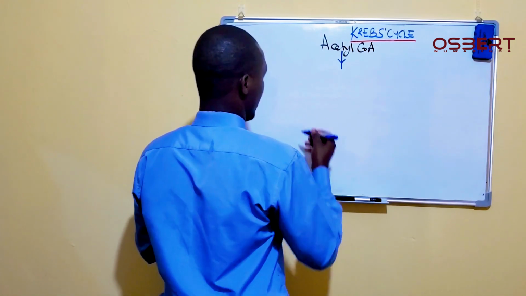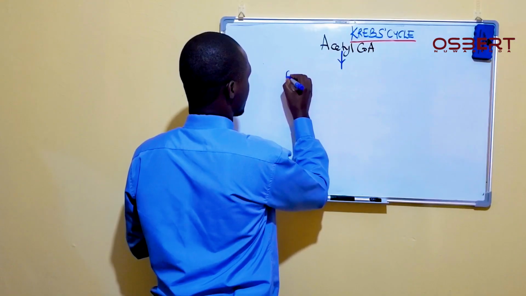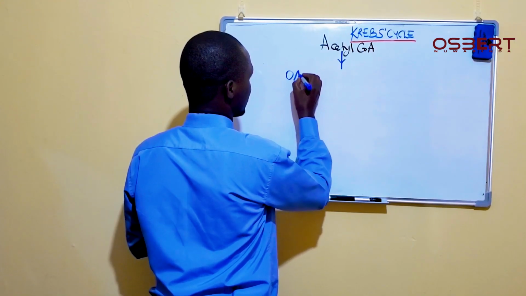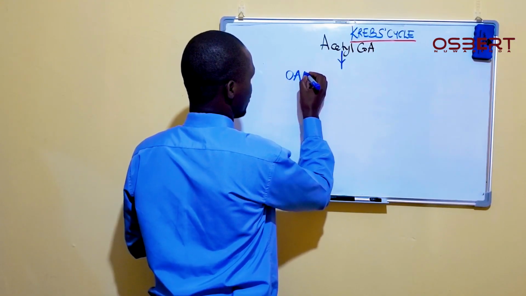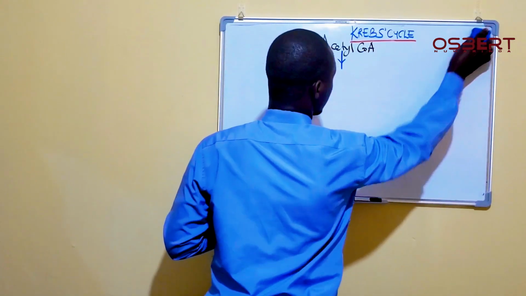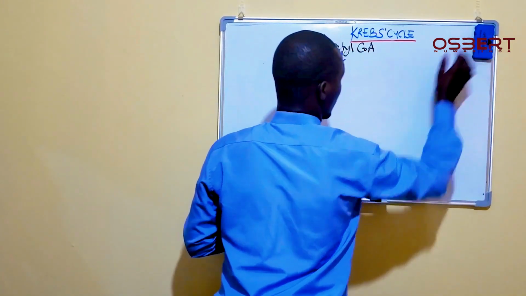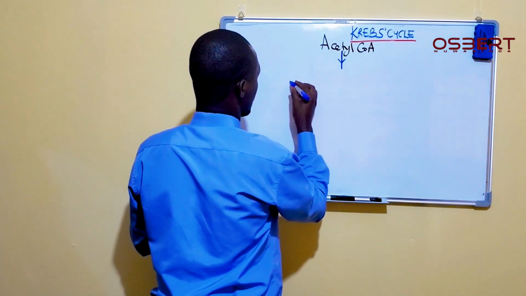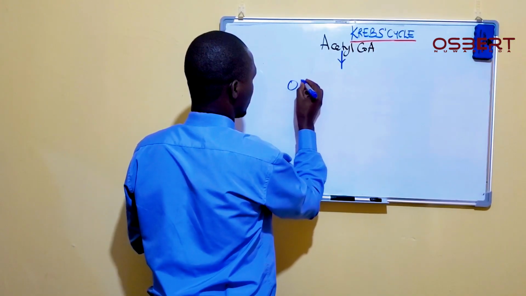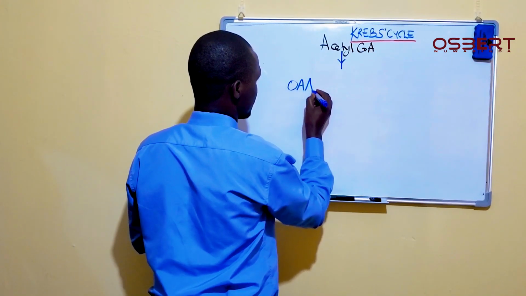So we shall have here our molecule, which is known as oxaloacetic acid, but of course the better way to mention it is oxaloacetate. Okay, so we have our molecule here, a compound known as oxaloacetic acid.